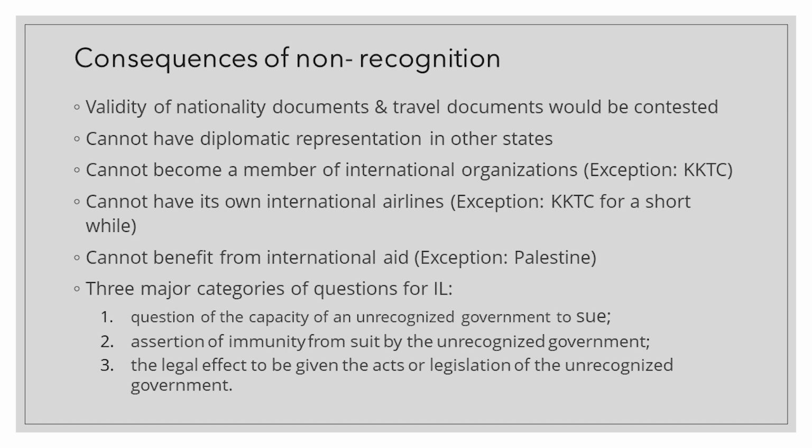So if Taiwan wants to become a member of, suppose, the United Nations, then the United Nations as an international organization, Taiwan cannot become a member. Again, if the Turkish Republic of Northern Cyprus, which was also earlier known as KKTC, wants to become a member of any international organization, suppose WTO or United Nations, then it cannot become a member of those international organizations.